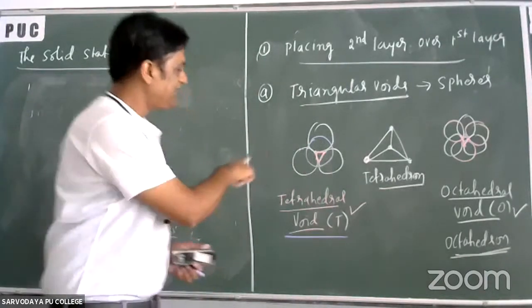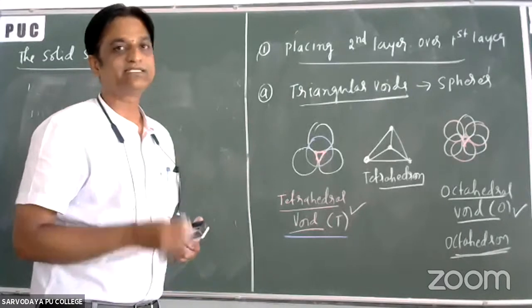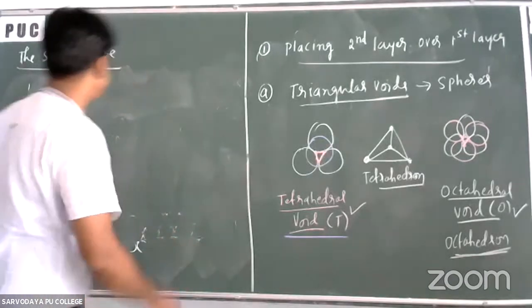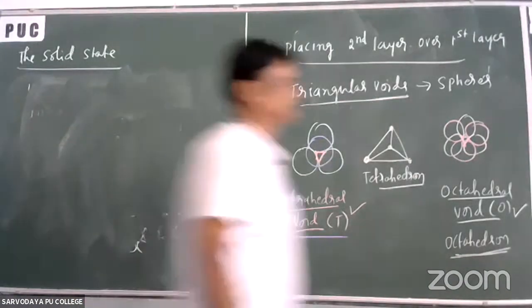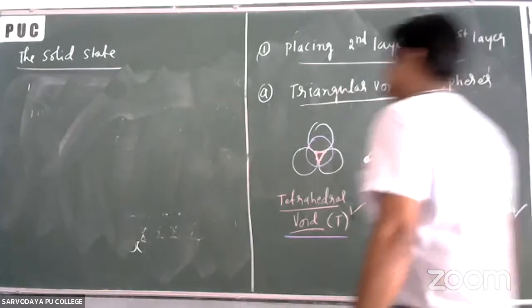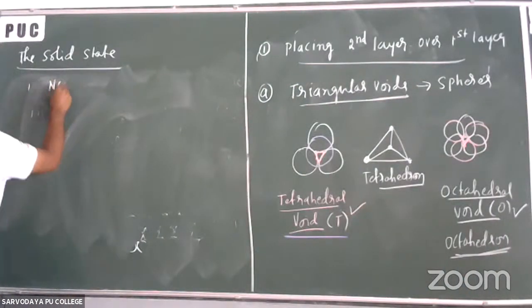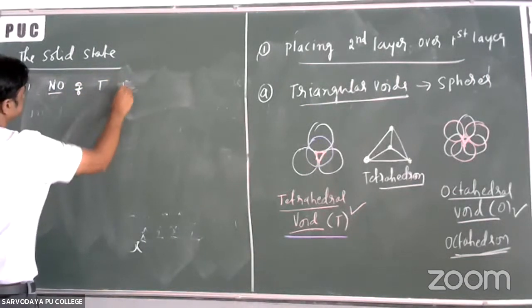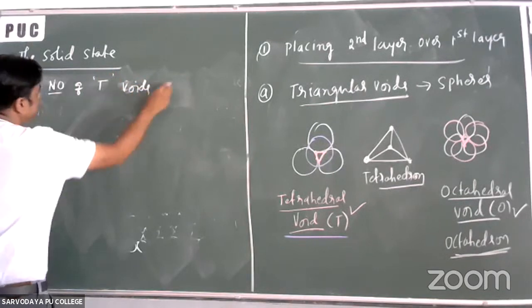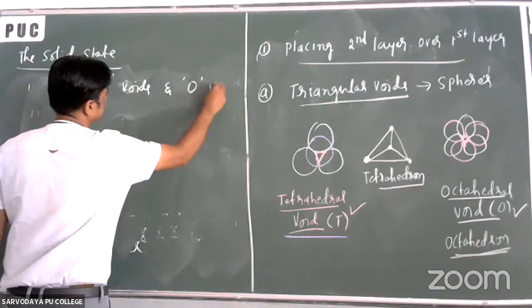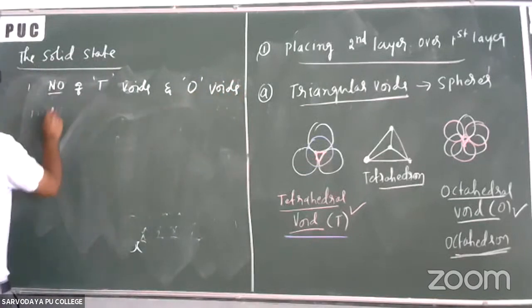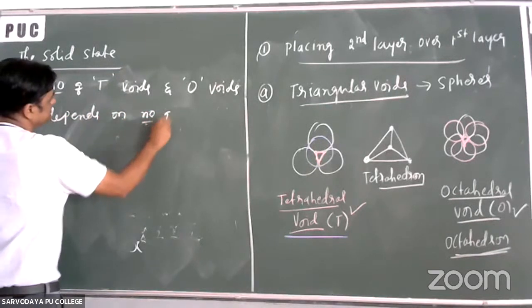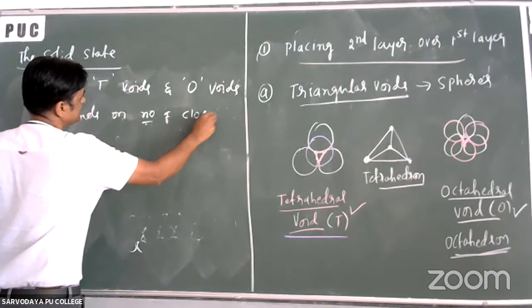See, the number of tetrahedral voids and octahedral voids depends on the number of close packed structures.